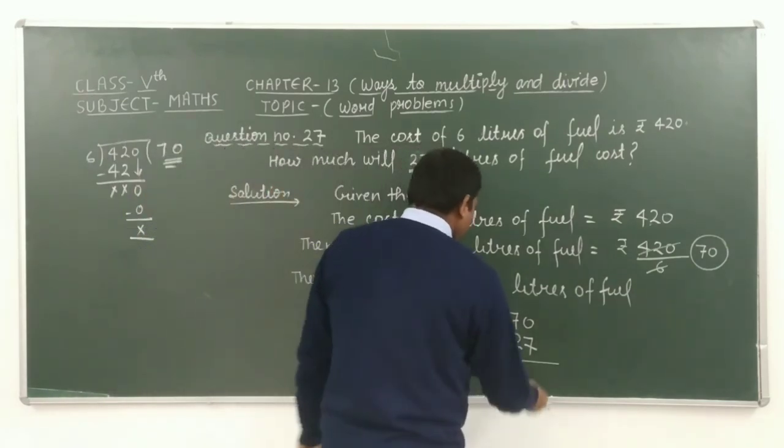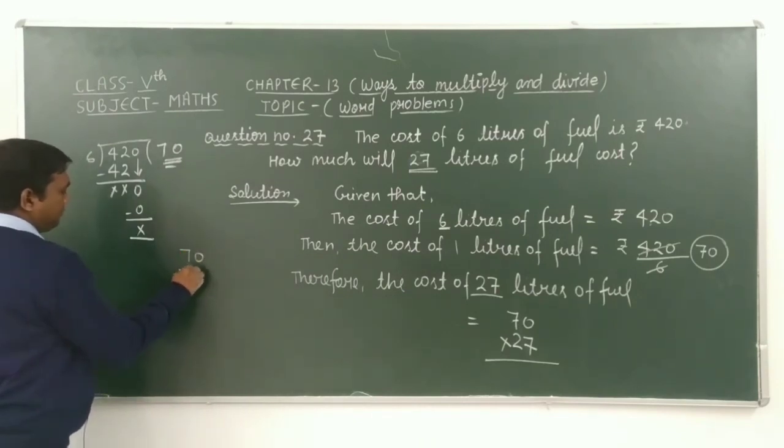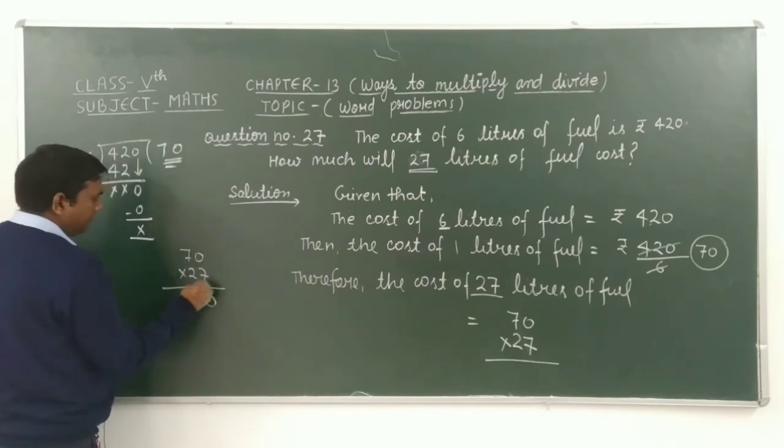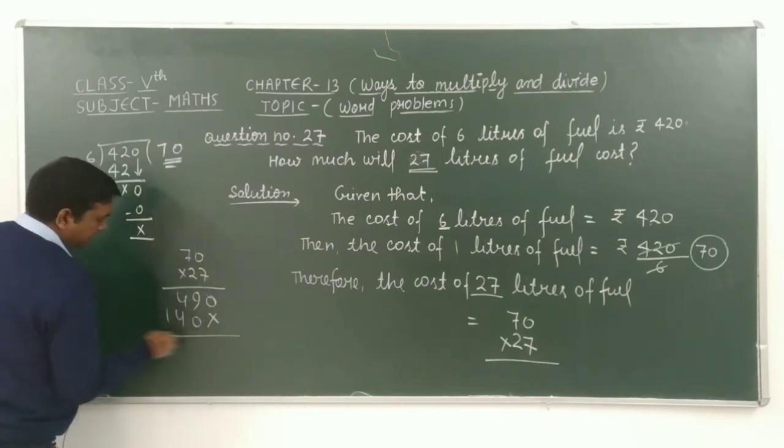Okay. Now we have to take the multiplication of 70 by 27. 7 zeros are 0, 7 sevens are 49. 2 zeros are 0 and 2 sevens are 14.